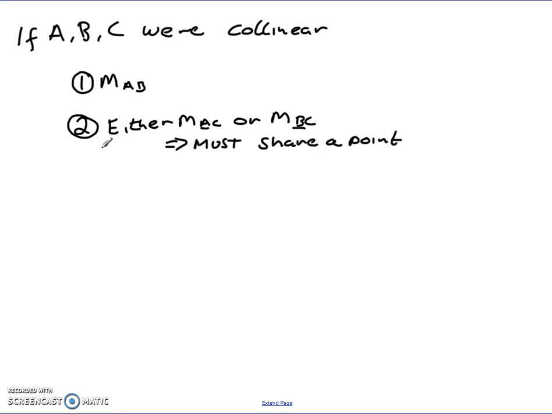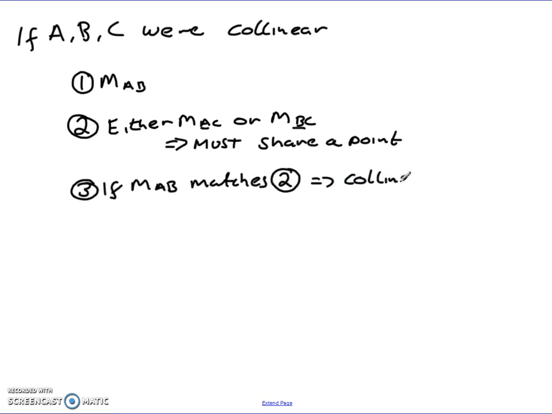They must share a point with the first part. Because what happens is then at this point, what we can say is if the gradient from AB matches our gradient from part 2, they are collinear. Okay, they've got the same gradient between them, plus there is a common point between them, i.e. they share a point.